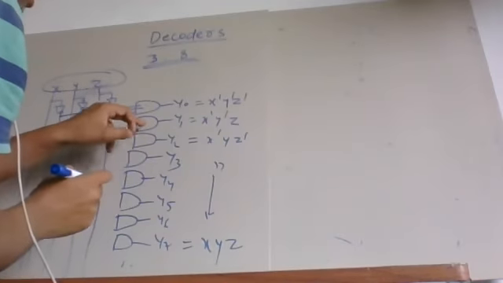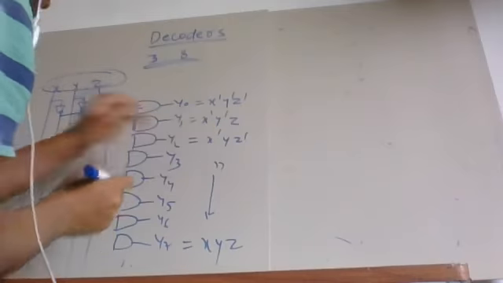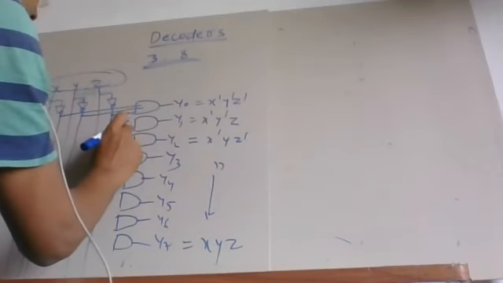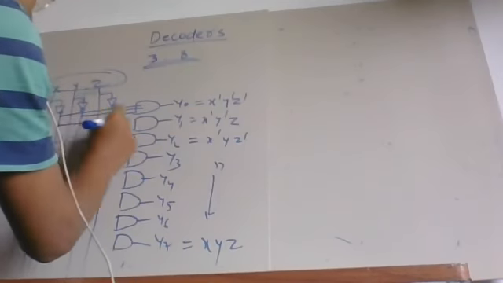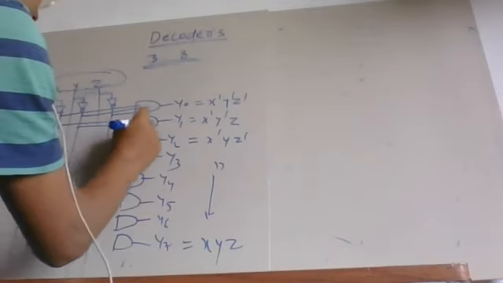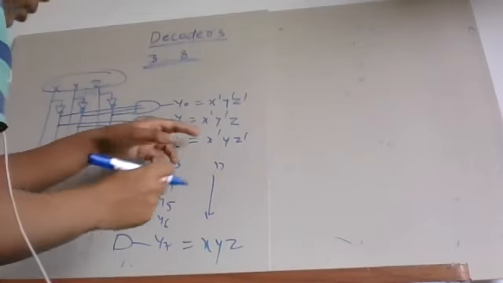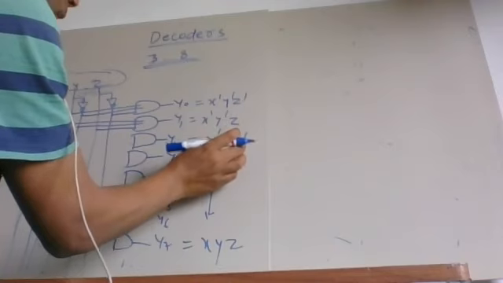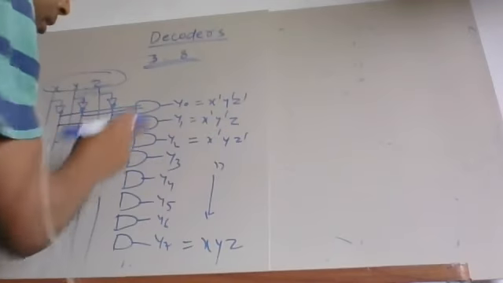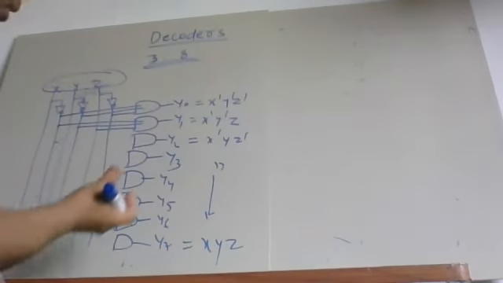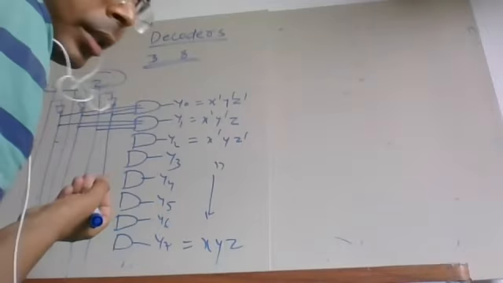Again, to generate the second minterm x dash y dash z, we must connect x dash, y dash and z. Similarly, we can connect all these inputs to the AND gates to generate the minterms, and this forms the 3 to 8 decoder.